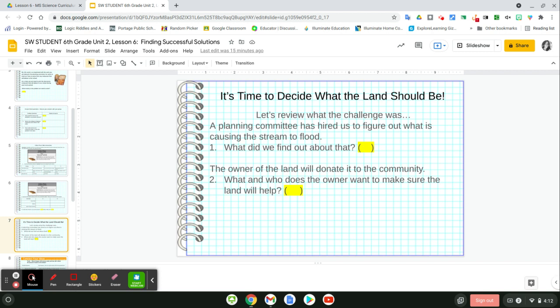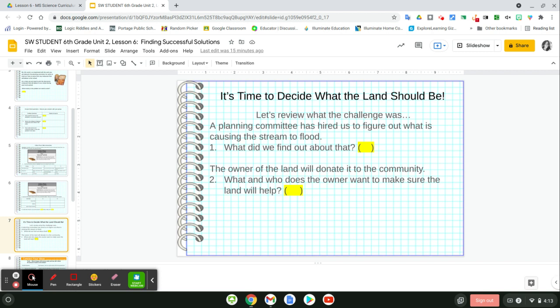We found out a lot of things about how fast water moves towards a stream versus what causes water to move slowly towards a stream. When it was a forest, we learned that it was a slow pathway of water to the stream. Why was that?